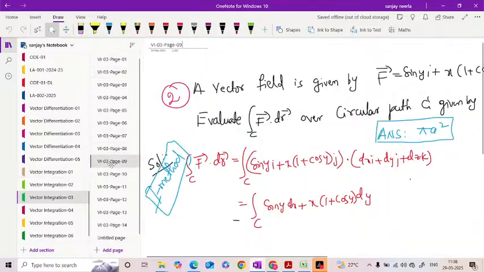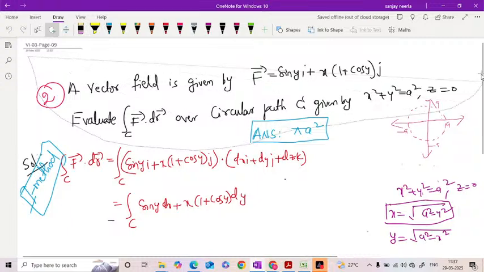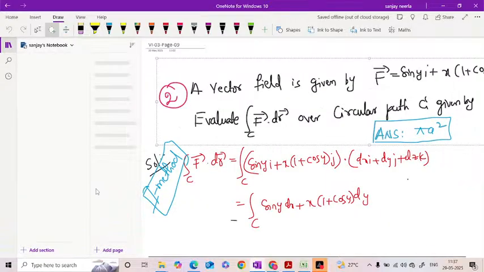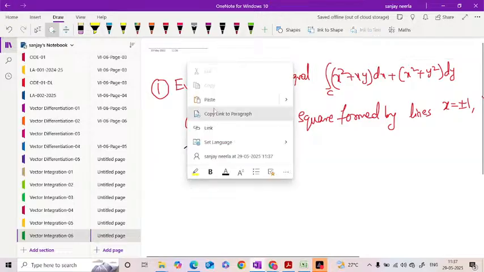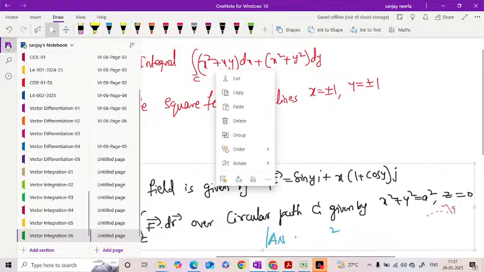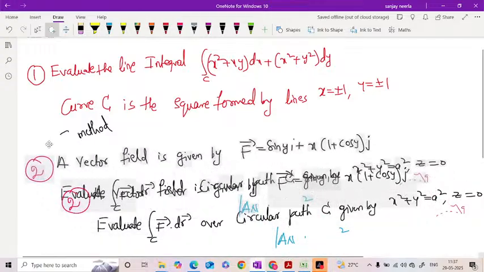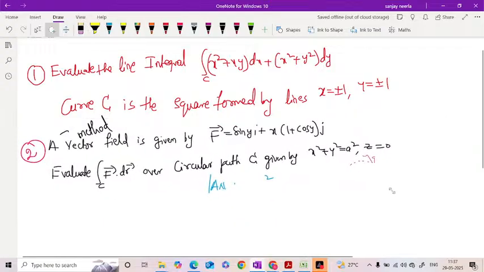Second problem, this is the second problem, and already we did it in two ways, but add one more. It is the second problem.